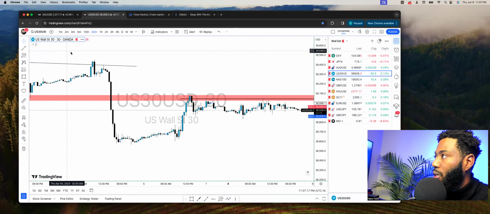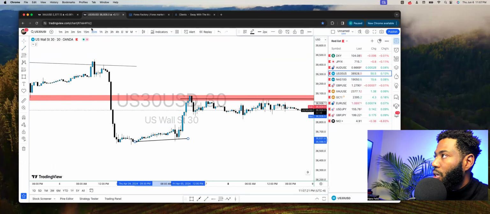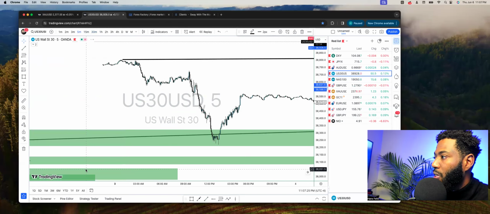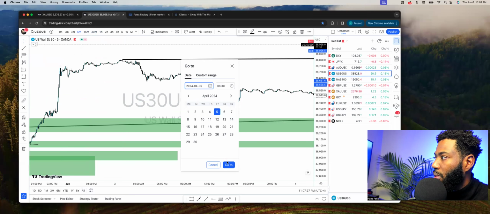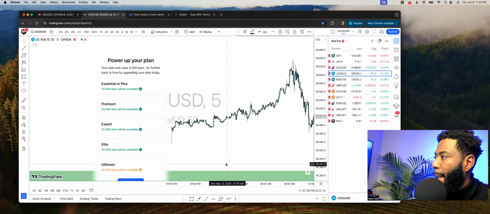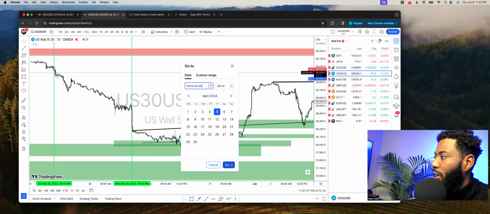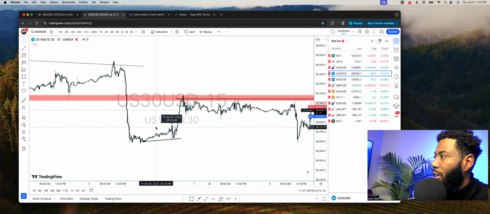But as you notice, if you give this thing until market open instead, you give it until market. Let me do that again. TradingView trying to get me to pay some money. There we go.